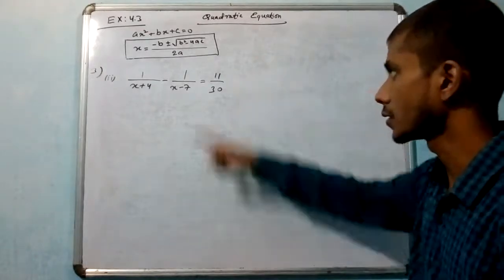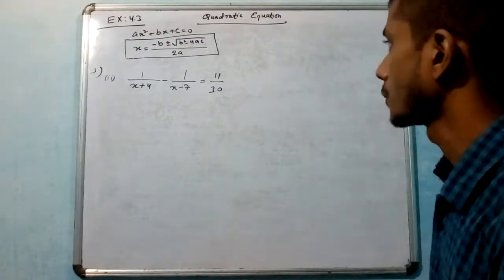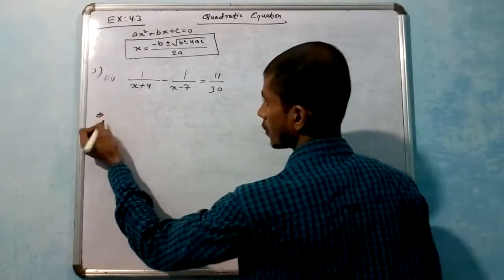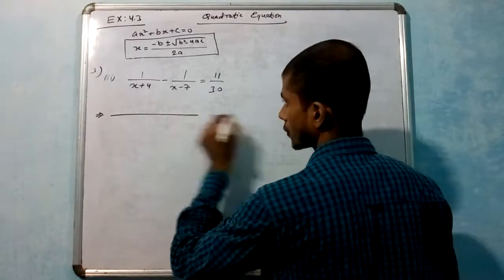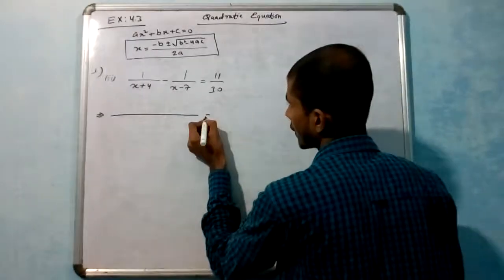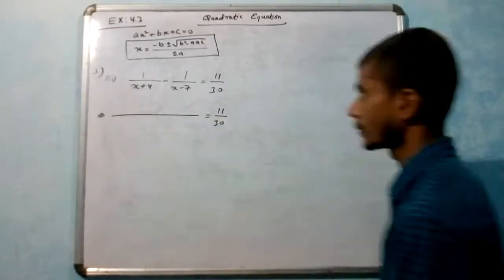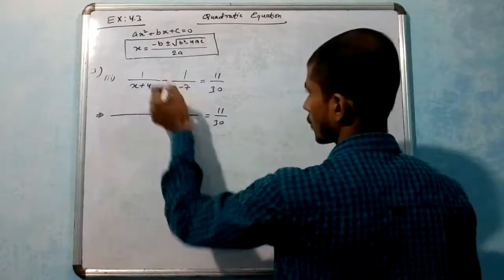Now let us simplify this. This is the question. So you are going to dictate to me what to write, fine? This is an equation we are solving, so an implies sign. After that I make a line for you, and I make this also 11 by 30, and then come on, proceed. Tell me fast what I should do. Simple, these two fractions are there, we have to solve.